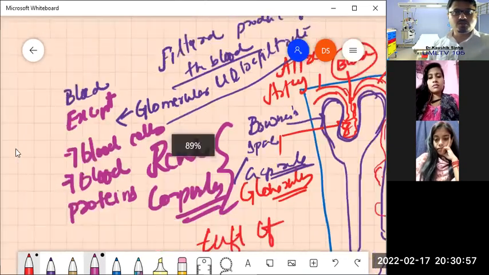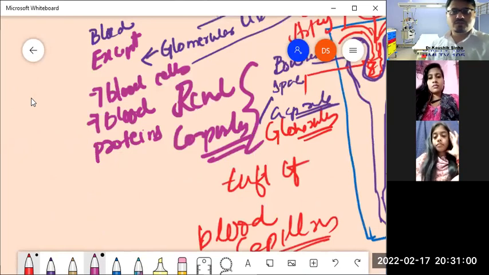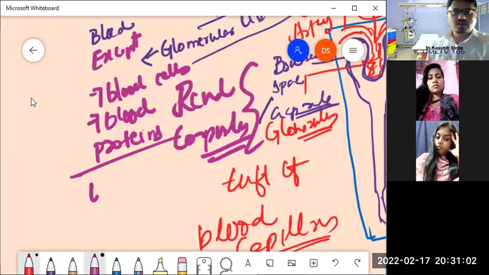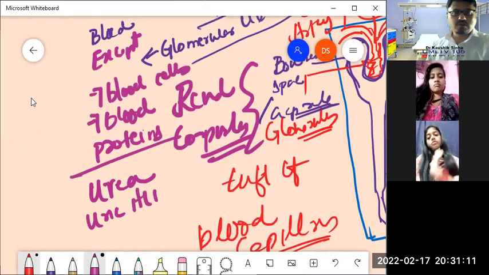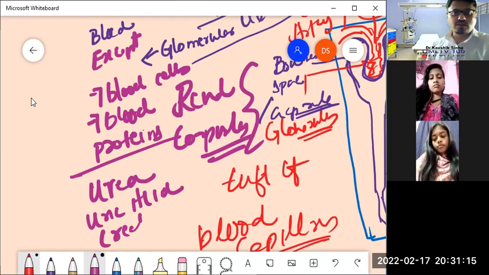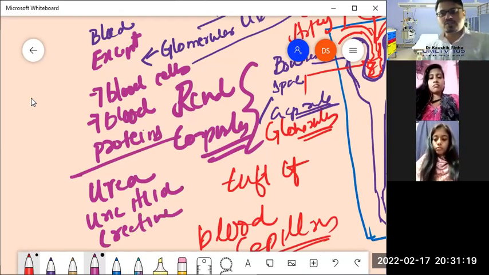So what are those useless materials? The first one to name is urea. Next is uric acid. Third is creatinine. Such and such. Mostly it is urea and uric acid. So these also get filtered.